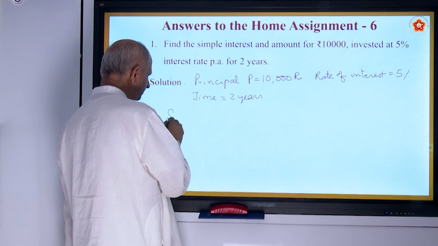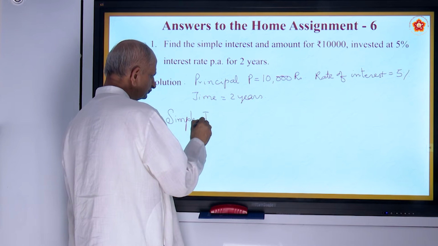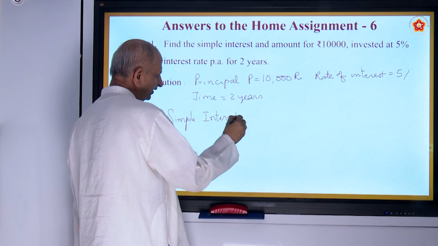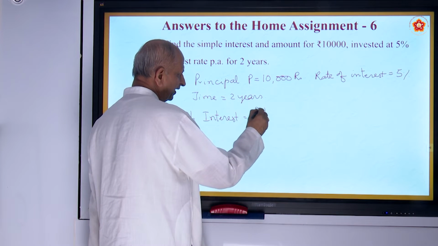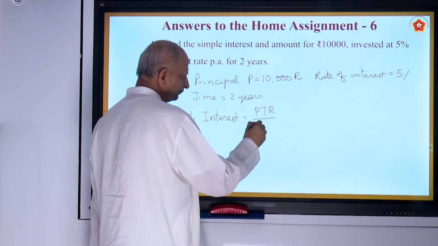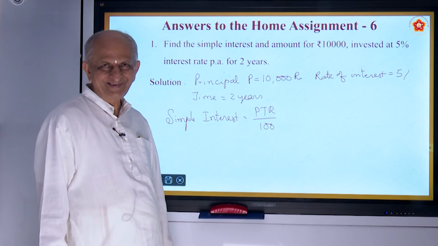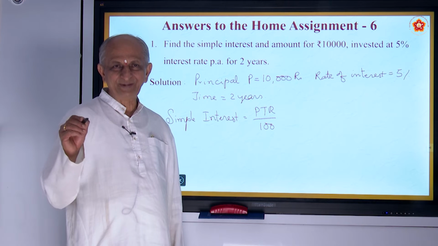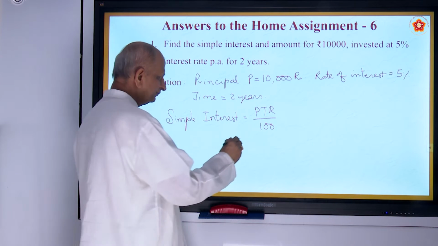So, simple interest is equal to, SI is equal to PTR by 100. Are you taking it down? Why is it 100 here? Because rate is expressed in terms of percent, per 100.